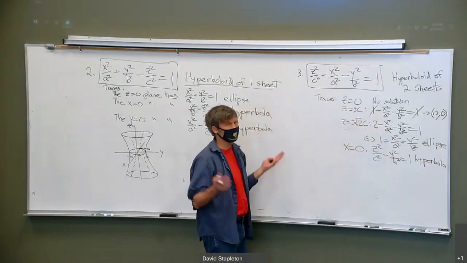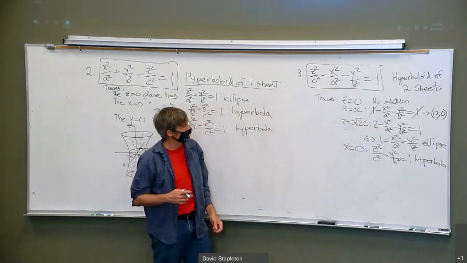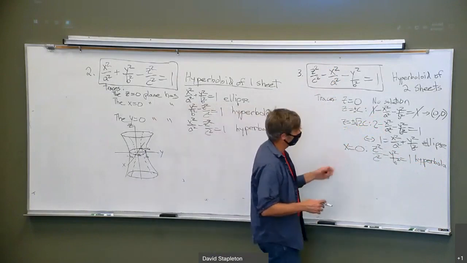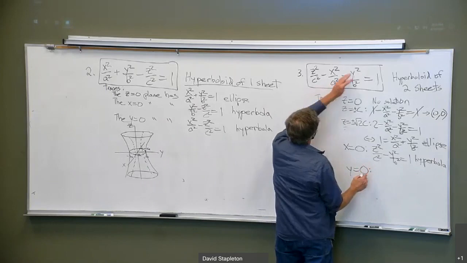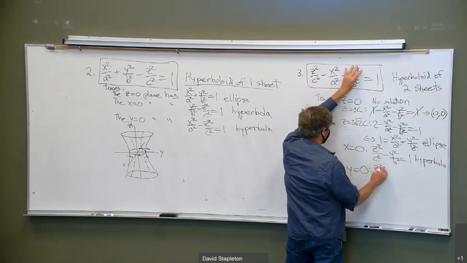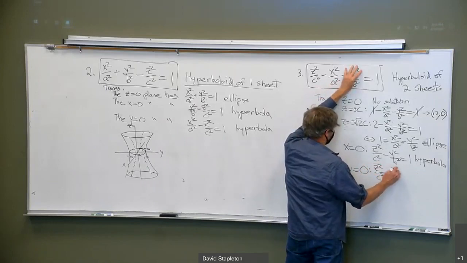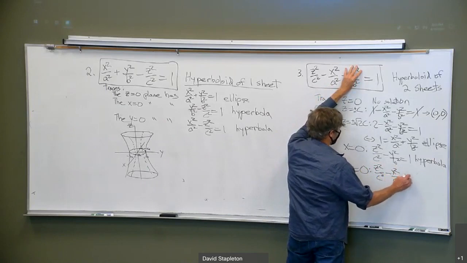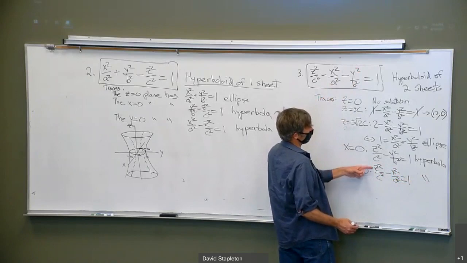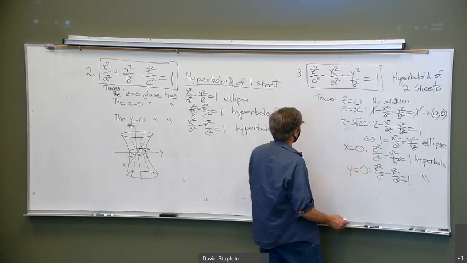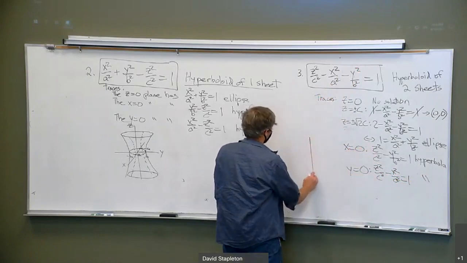All those things we learned about conic sections come into play to help us draw these. Once again, if I put y equals 0, this term falls out, and I get z squared over c squared minus x squared over a squared equals 1. Again, a hyperbola. So the cross sections of the hyperboloid of two sheets are ellipses and hyperbolas, but oriented a little differently.